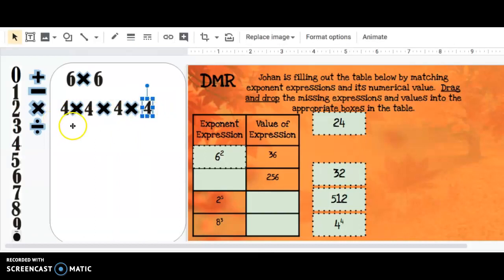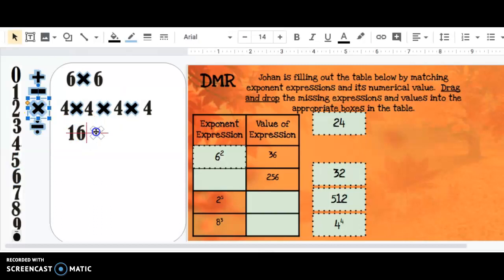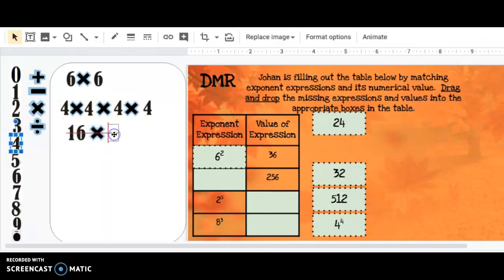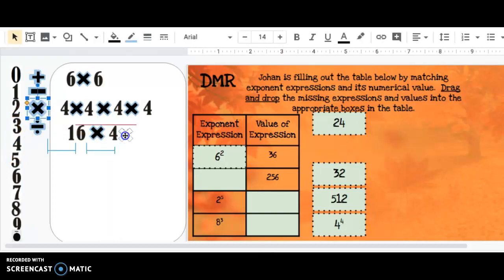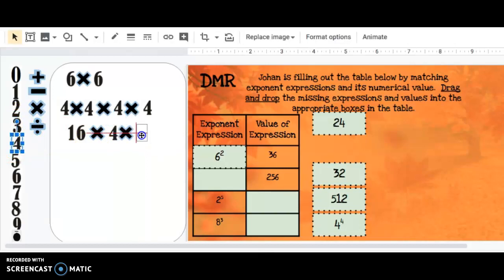Okay, and I know that 4 times 4 is 16, so I have 16, and then I would do times, so that gets rid of these 2, so I have to bring down my times 4 and times 4. Okay, so I have 16 times 4 times 4.